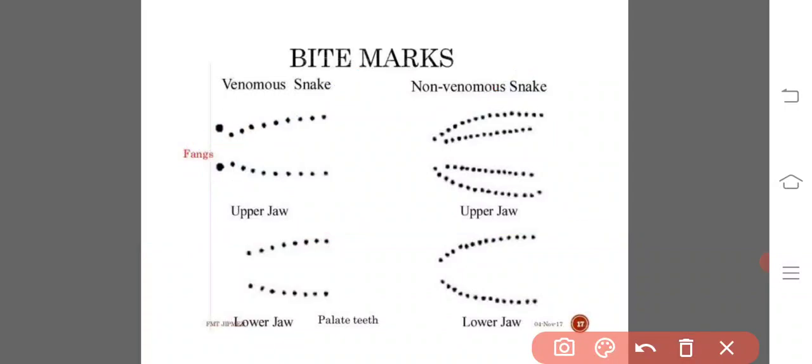There is no difference in the pricks of the lower jaw. So the presence of two large pricks along with the small pricks is the identification feature of the bite of the venomous snake.